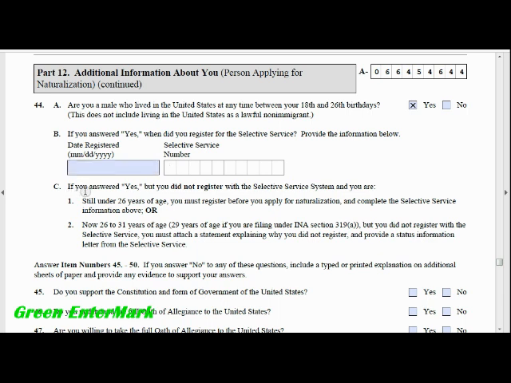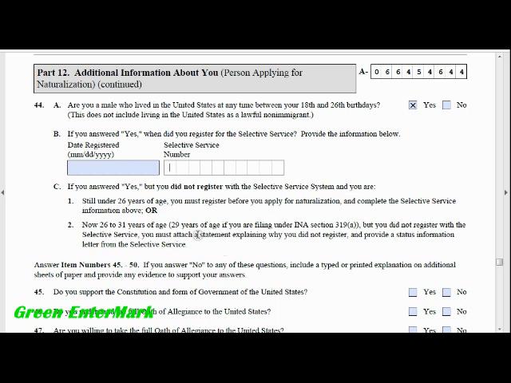And if you answered yes, but you did not register with the Selective Service System and you are still under 26 years of age, you must register before you apply for naturalization and complete the Selective Service information. Or now, if you are 26 to 31 years of age, 29 if you are filing under INA section 319(a), but you did not register with the Selective Service, you must attach a statement explaining why you did not register and provide a status information letter from the Selective Service.